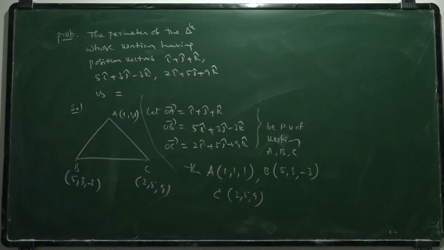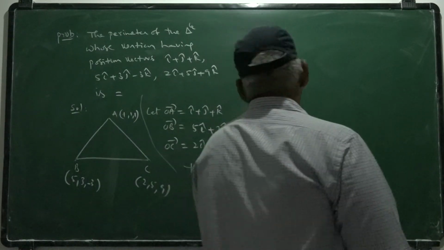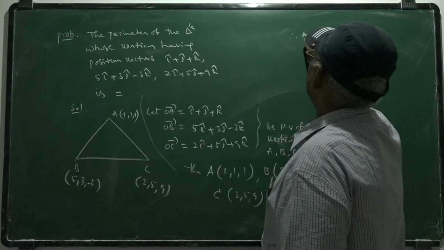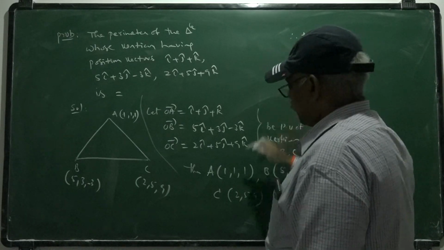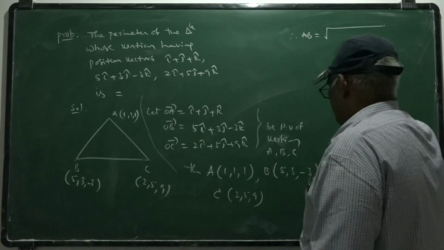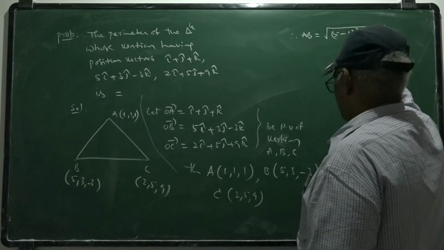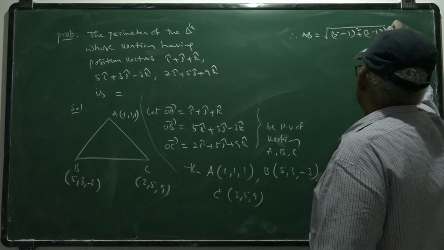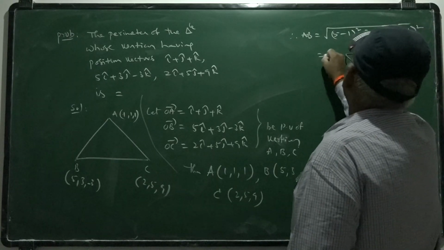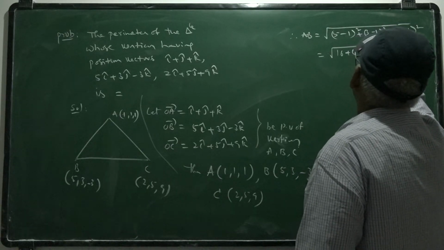Once the position vectors are given, you can straight away take them as points, three-dimensional points. To get the perimeter, find the lengths of the sides, the distance between AB by using the three-dimensional distance formula. You can take 5 minus 1 whole square, 3 minus 1 whole square. This is 16 plus 4 plus 16 itself, 6.